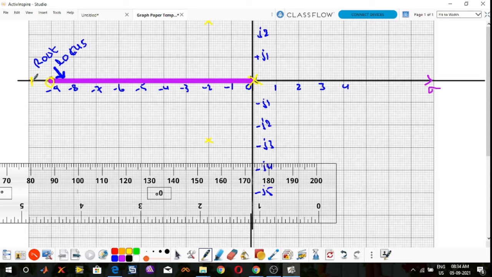The total number is 2: 1 pole and 1 zero, which is an even number. So the region to the left of s is equal to minus 9 zero is not a part of the root locus branch.